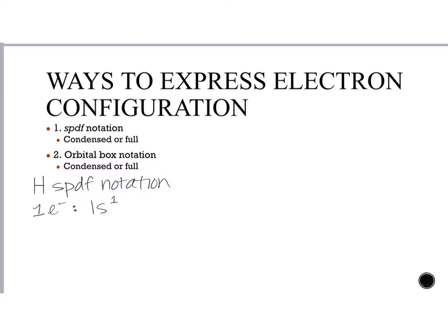Remember our three principles. The first is the Pauli exclusion principle, that there can only be 2 electrons in one orbital. The second is the Aufbau principle, and that is what comes into consideration here. The Aufbau principle states that we fill electrons in the lowest energy levels first, and then we start adding electrons in higher energy levels.